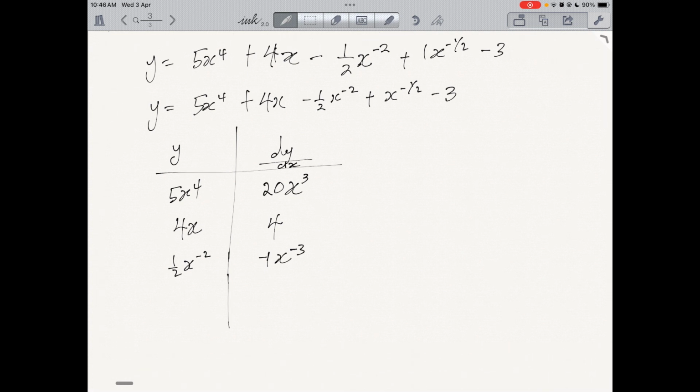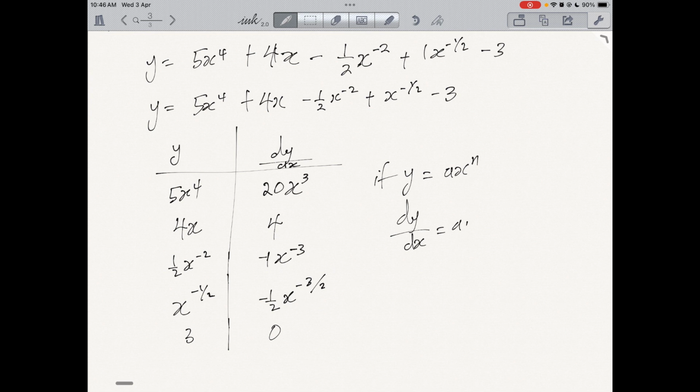And if we differentiate x to the power half, we'll have 1 over 2 x to the power minus 1 over 2. And when we differentiate 3, we will have a constant. All is in the application of the law that if y is equal to ax raised to power n, then dy/dx is anx to power n minus 1.